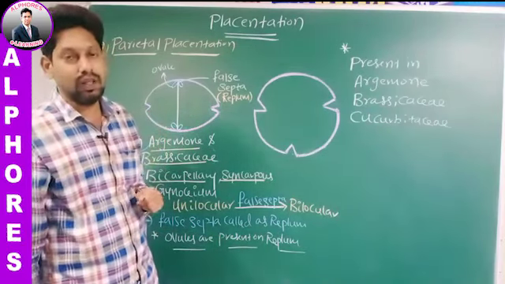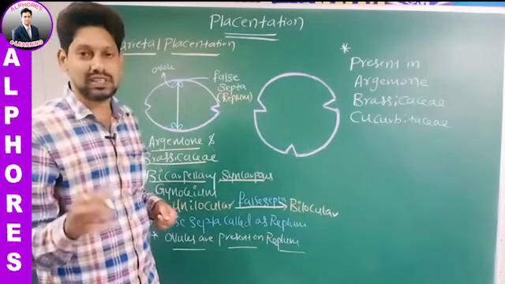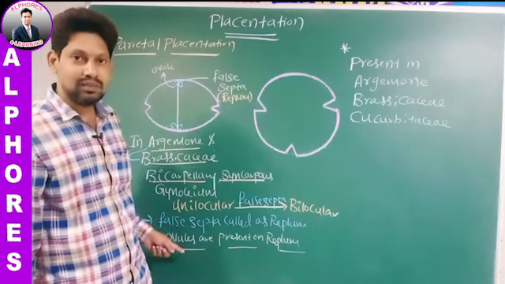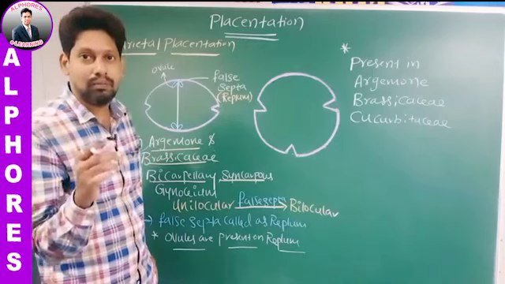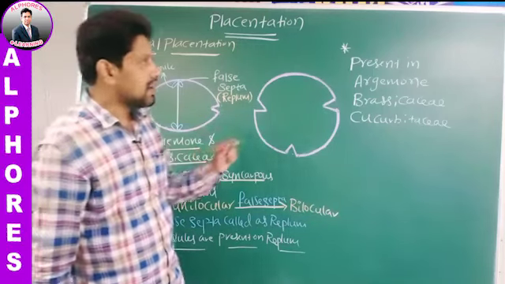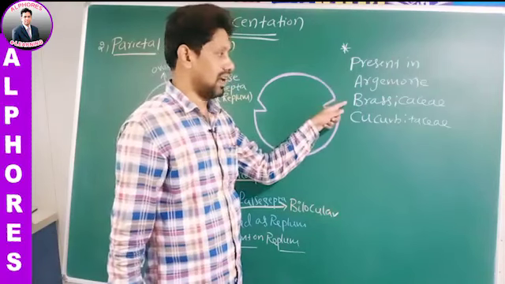I already told you, wherever placenta is present, there ovules are present. This indicates that the placenta is on the replum, so ovules are on the replum. This is about argemone and Brassicaceae.